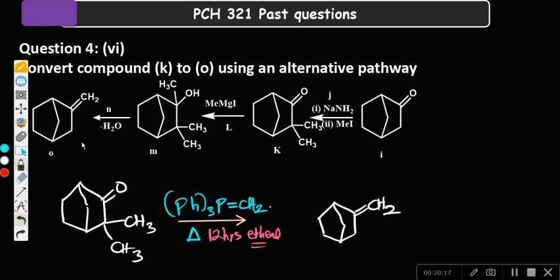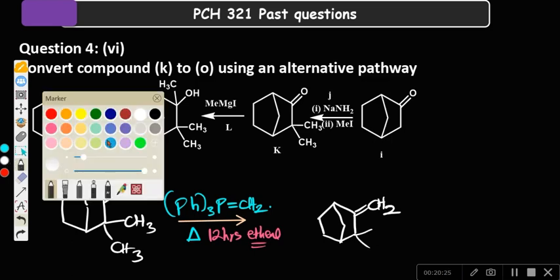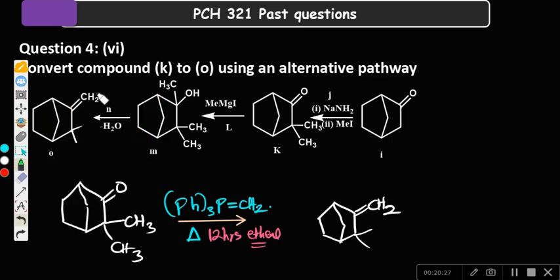All right, these groups here are supposed to be there because nothing actually removed them, but since they didn't show, the most important thing that the examiner is interested in is how you can get from here, which is this aldehyde group, to CH2, which is by Wittig reaction. So you can come here and write Wittig reaction.